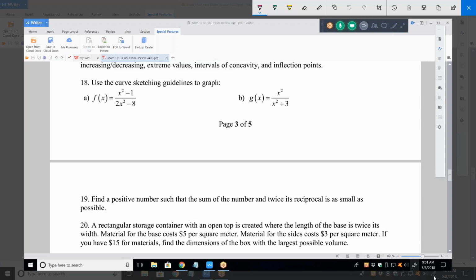To be honest, I have no idea where to even start on this problem. Okay. Well, always factor. So, in other words, if you don't know what to do, we'll factor the numerator. We'll factor the denominator.